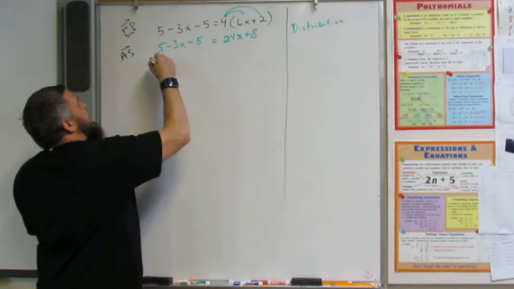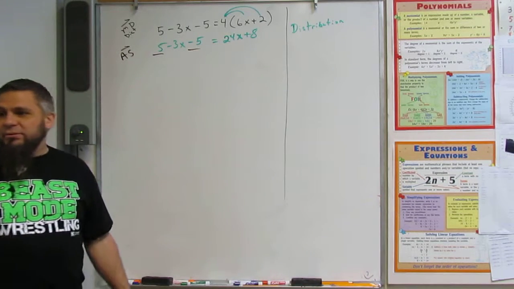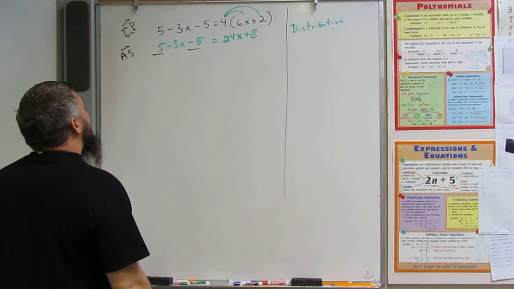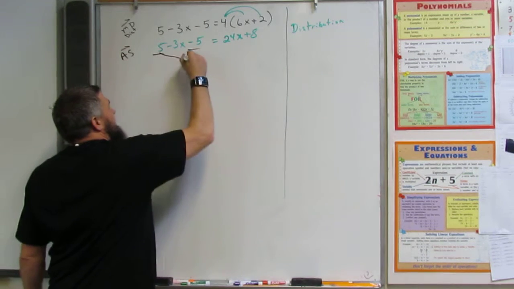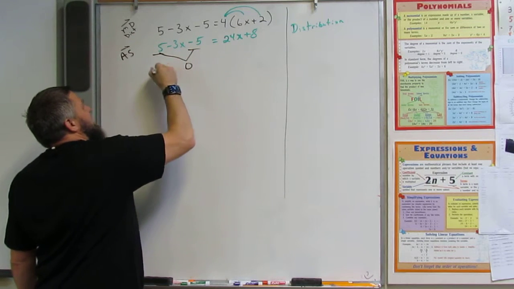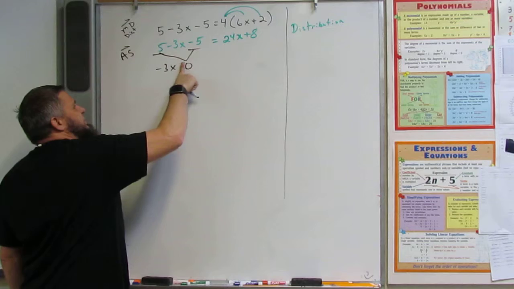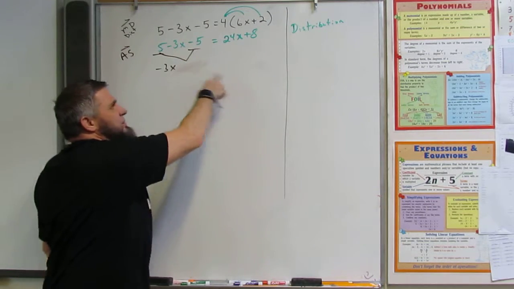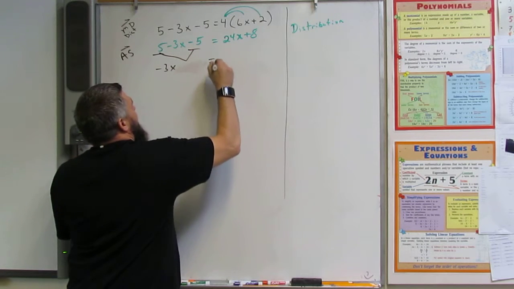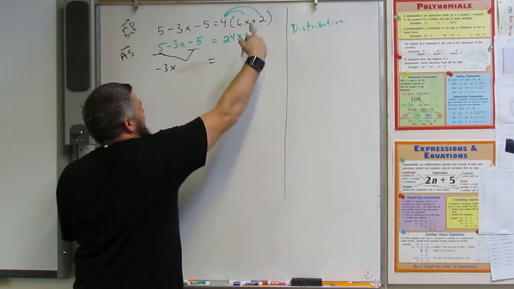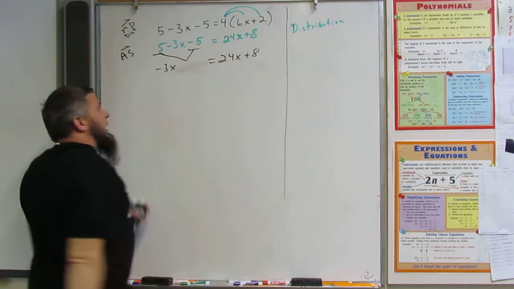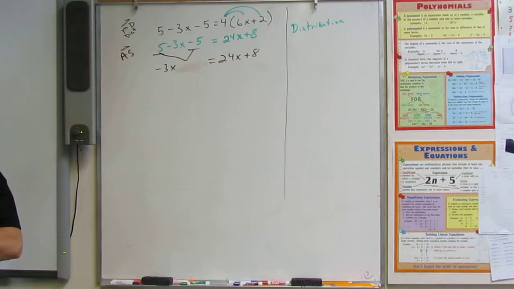So when I take 5 minus 5, what do I get? 0. Oh, 5 minus 5. I thought it was negative. It's okay. So 5 minus 5 is 0, and negative 3x. Now, do you need to write the 0? No, I don't need to. But it does go away. Equals, and if I add anything up here, I can, but nothing adds there, so I just have this.